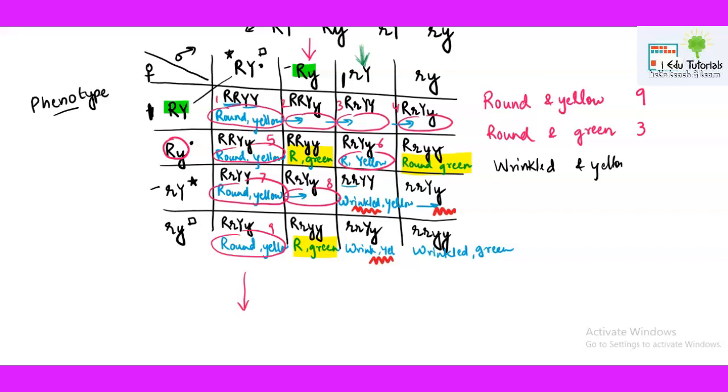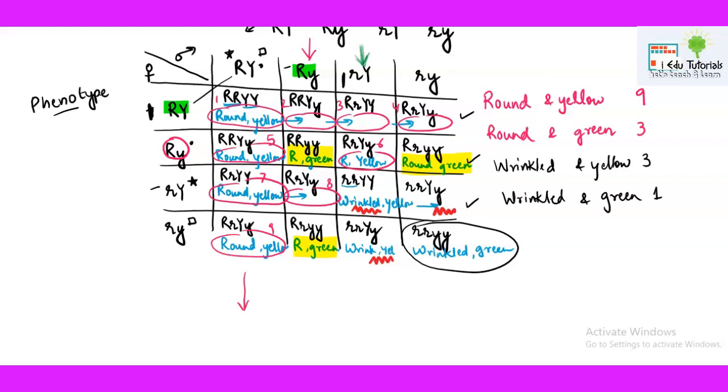How many individuals are there? 3. So now we are done with all the individuals of column 3. We are moving towards column 4. This is done. This is done. This is also done. And we are left with just one, which is wrinkled and green. Only one individual is there.